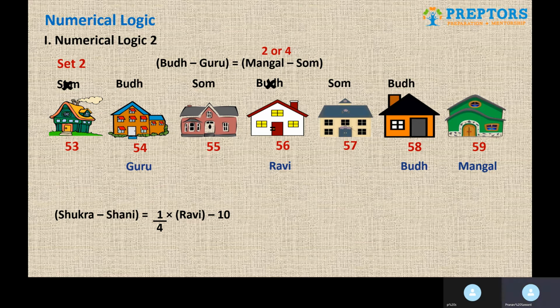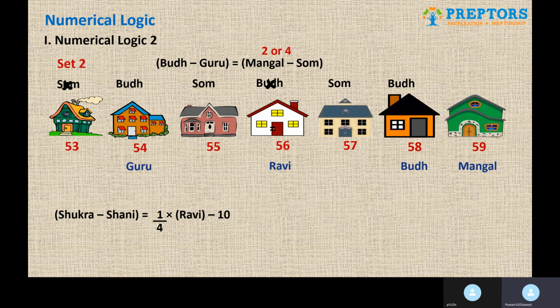That means we can figure out the room numbers of Budh, Guru and Som only by this 2 or 4 thing. How? The difference between Budh and Guru can never be 2, because if Budh is 58, Guru must be 56, but that is not possible because Ravi is 56. Hence, the option of 2 is gone.